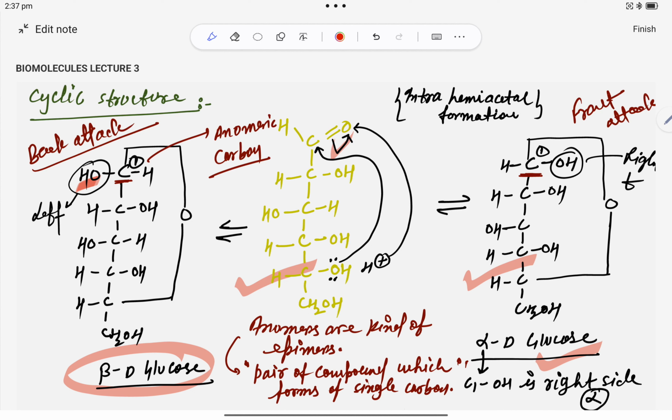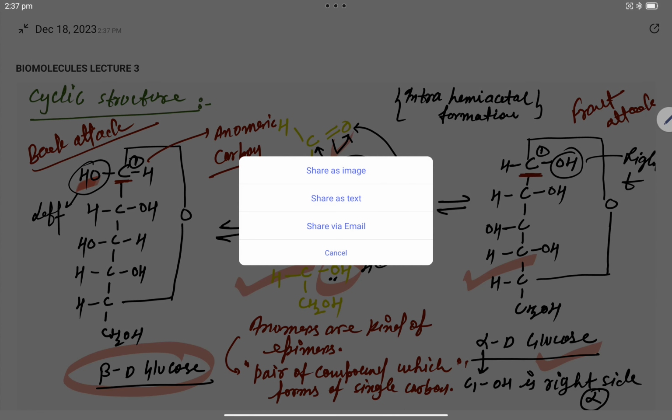Okay, why are we choosing this OH only? Because from this OH we are getting a six membered carbon ring. If you take this or this, then a six membered carbon ring is not possible, children.